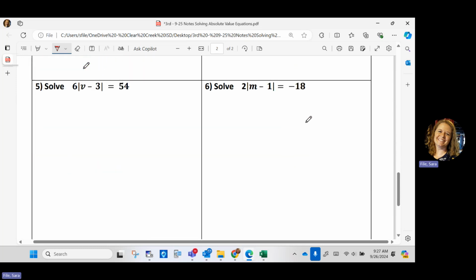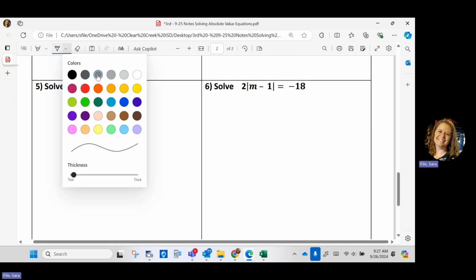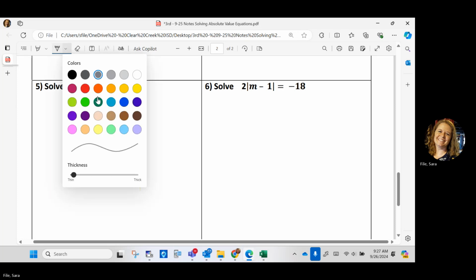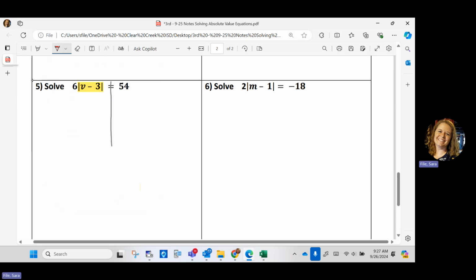Let's try number 5. The absolute value expression is not isolated yet. There's a 6 out front. How am I going to move that 6 across the equation? That 6 is being what?